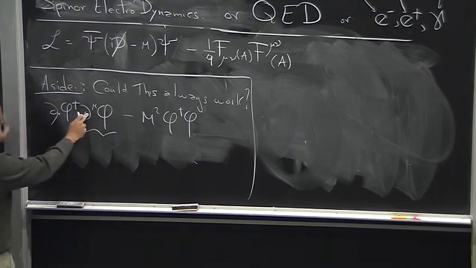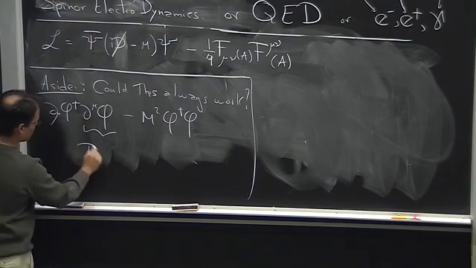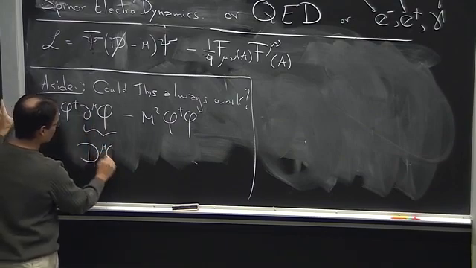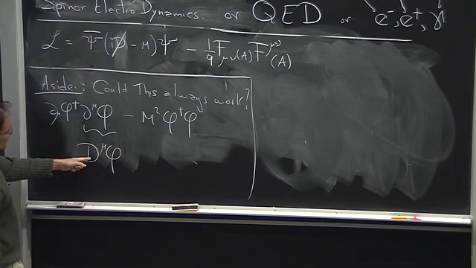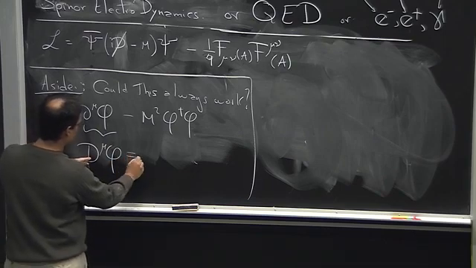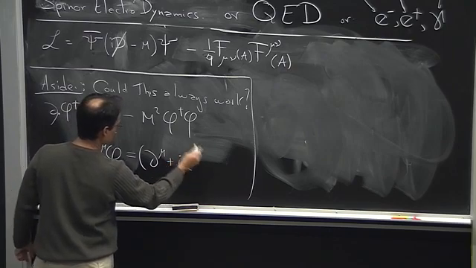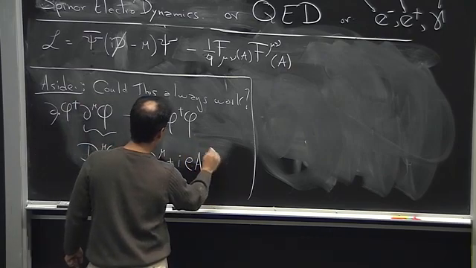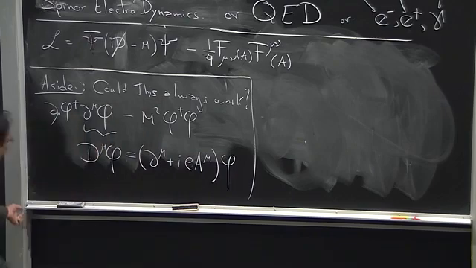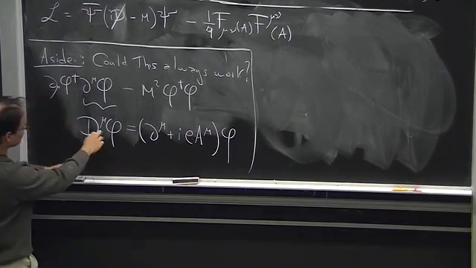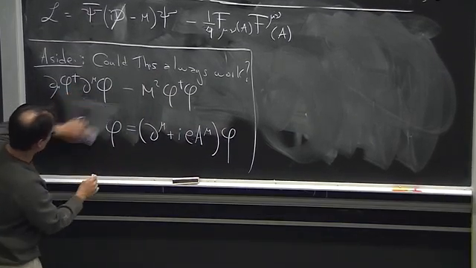So if we replace this by a covariant derivative, this has to be del mu plus i e A mu, okay? So that should be what we use for this guy.